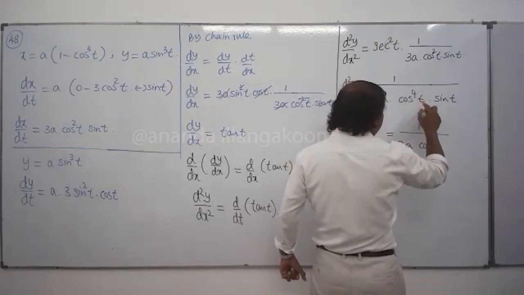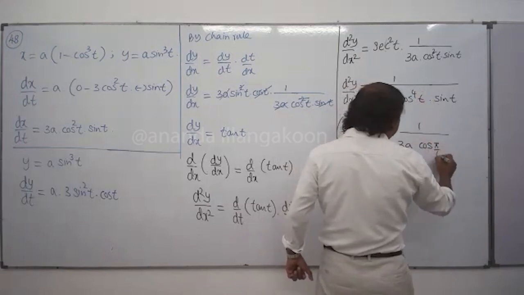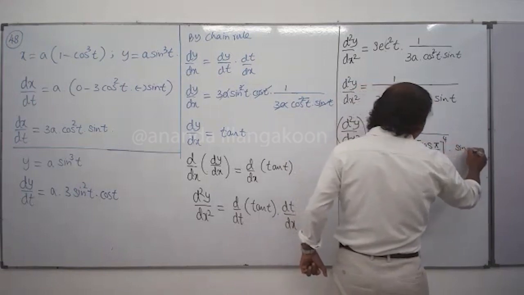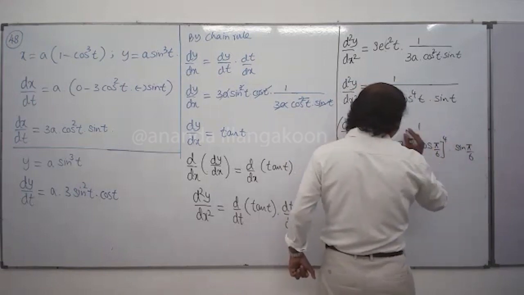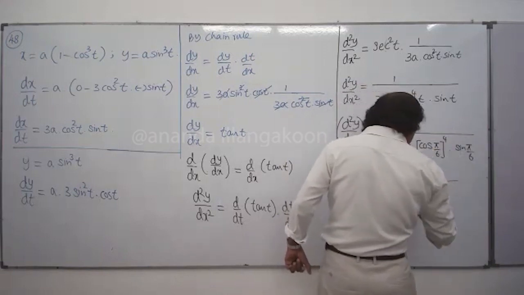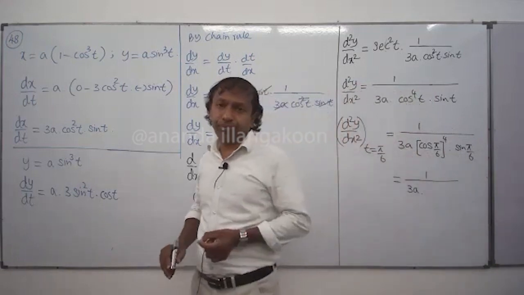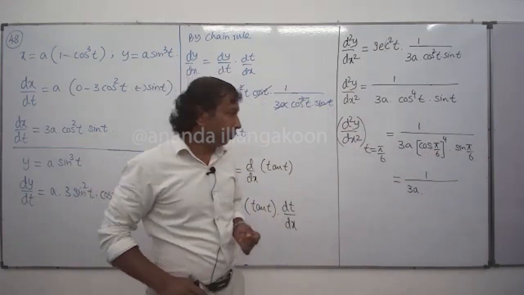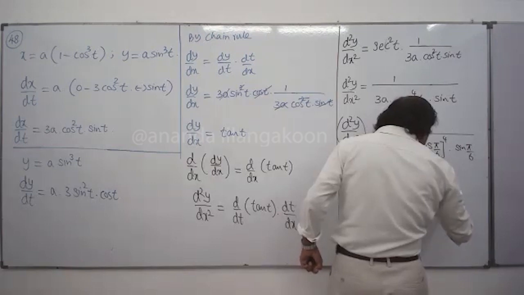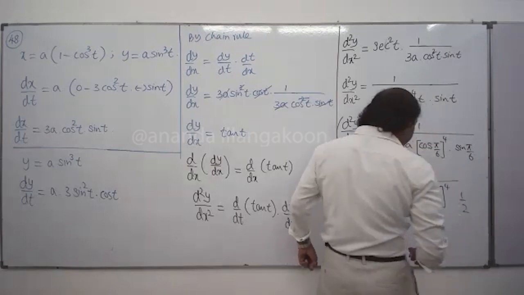Cos 30 is root 3 by 2, raised to the power 4, and sine 30 is half.